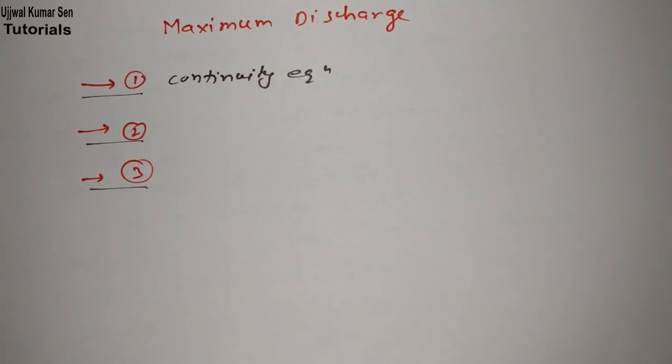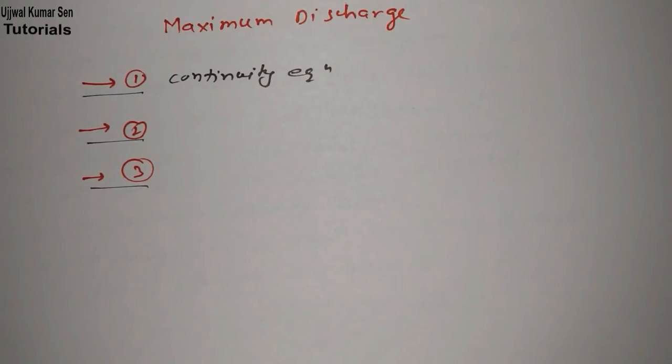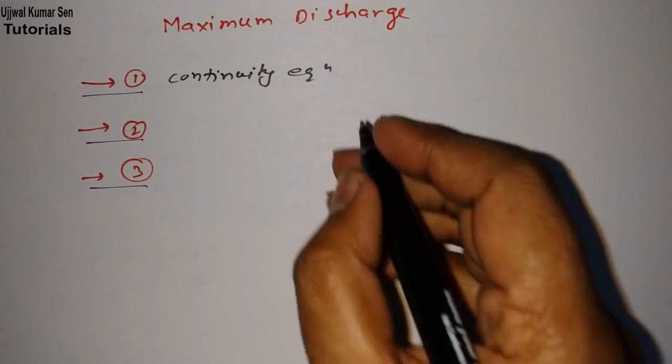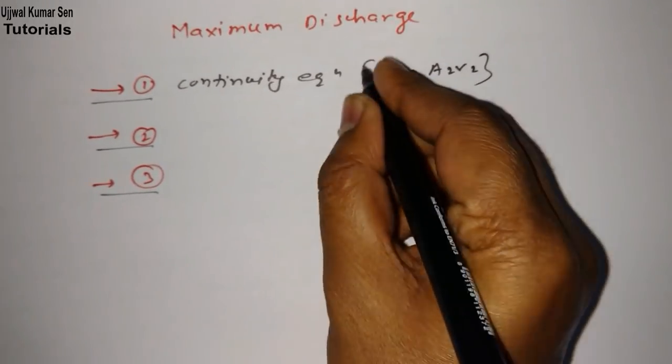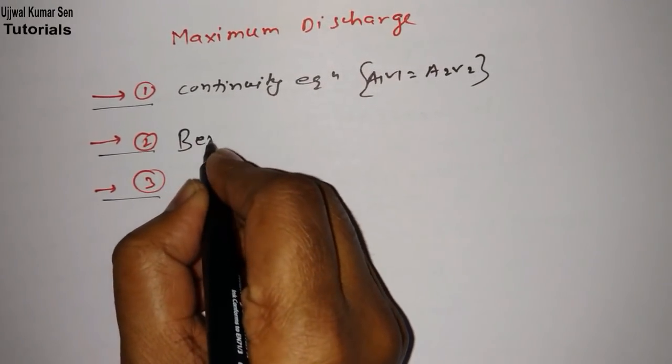One more thing, if you are preparing for a university examination, you should remember or understand the derivation of the continuity equation for Cartesian coordinates as well as cylindrical coordinates, because both of them are most important. That is, A1 V1 is equal to A2 V2. And then Bernoulli's equation.